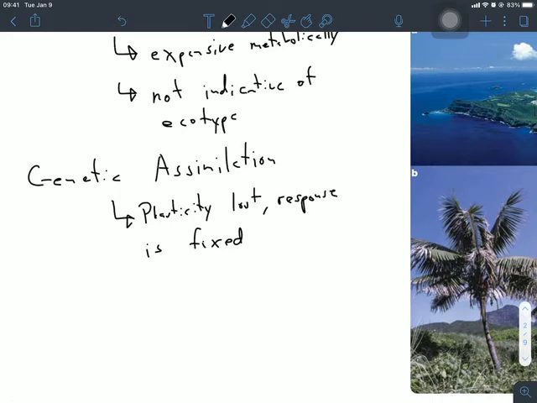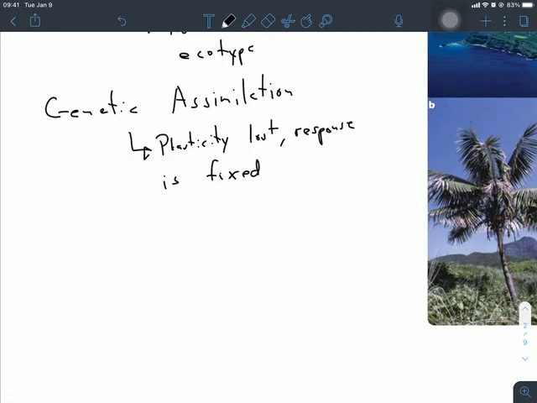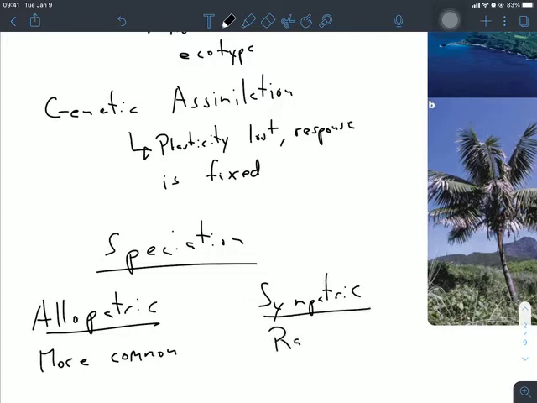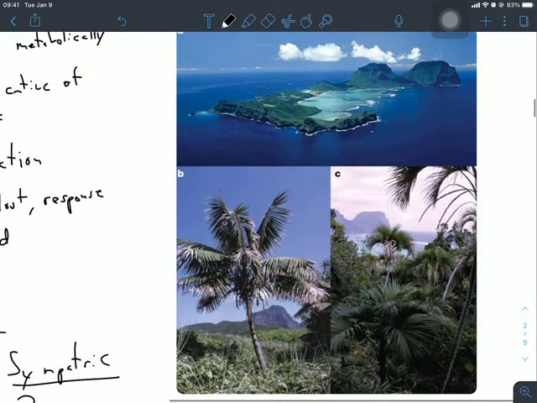Now, when species have fully separated or fully speciated, two of the very common ways in which this can be accomplished are either allopatric speciation, this being the more common method, or sympatric speciation, this being the more rare method, particularly in plants, because up to date, there's only been one scientifically proven example of sympatric speciation within plants.